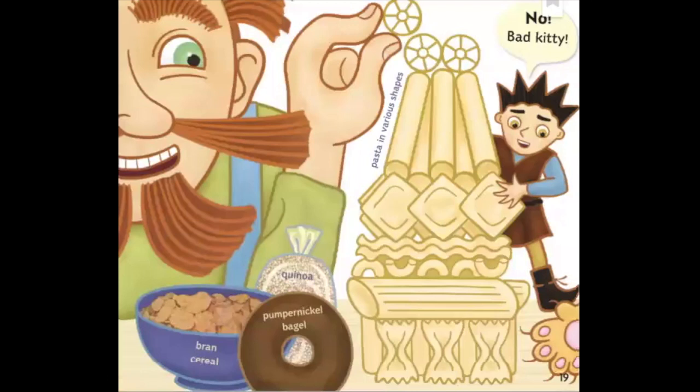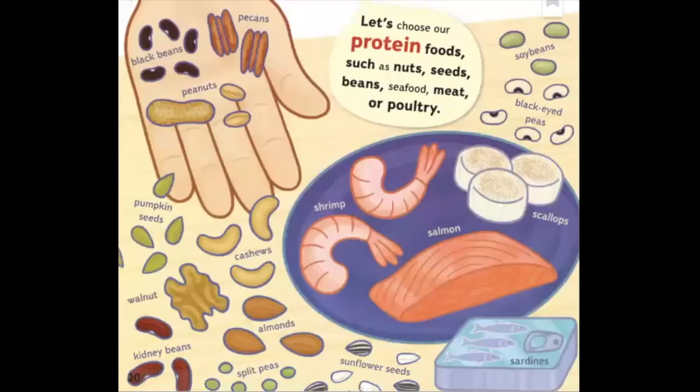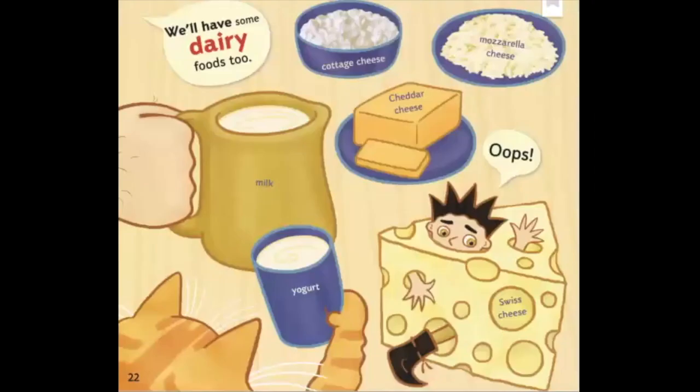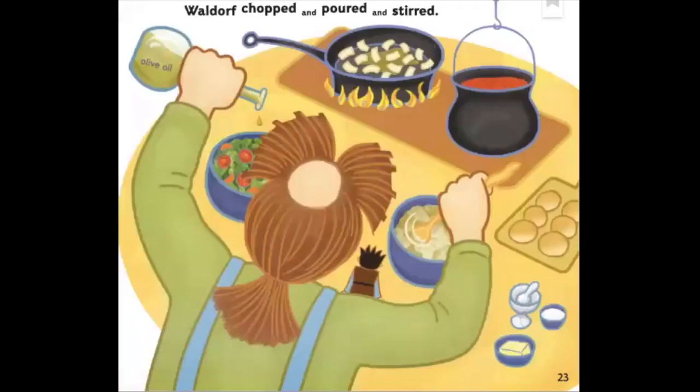No, bad kitty. Let's choose our protein foods, such as nuts, seeds, beans, seafood, meat, or poultry. Poultry means birds that people eat, such as chicken and turkey. We'll have some dairy foods too. Oops. Waldorf chopped and poured and stirred.